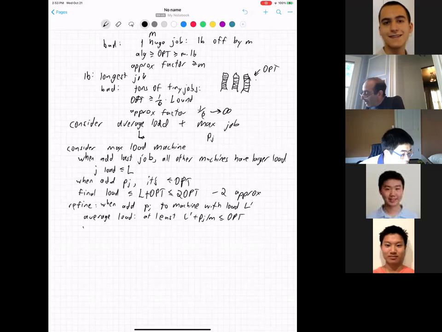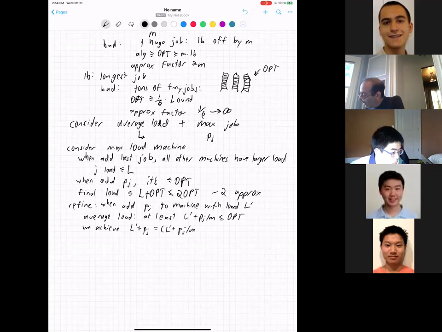And so what that means is that we achieve this quantity, L prime, the load that we had to begin with, plus PJ, which is equal to L prime plus PJ over M plus PJ times 1 minus 1 over M. You see what I've done there?